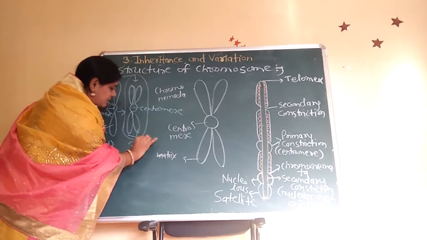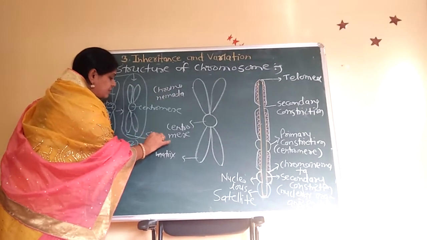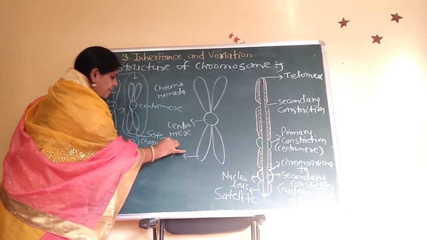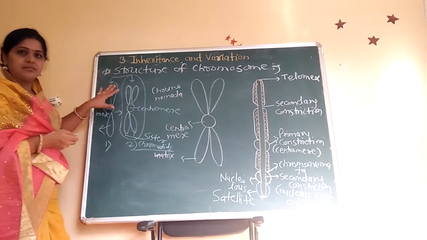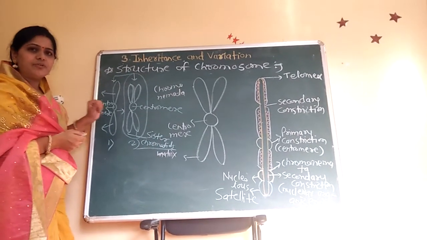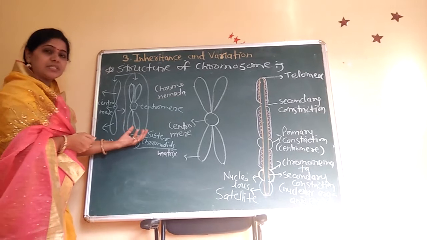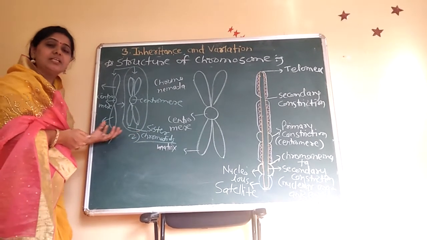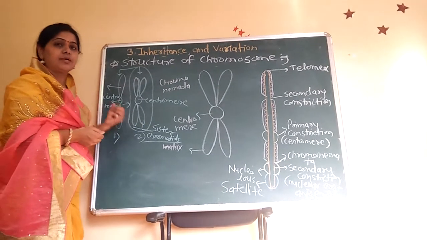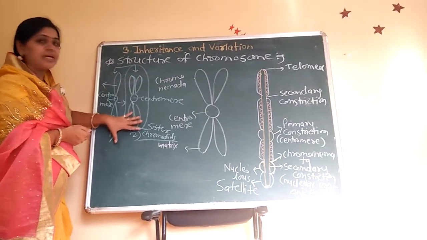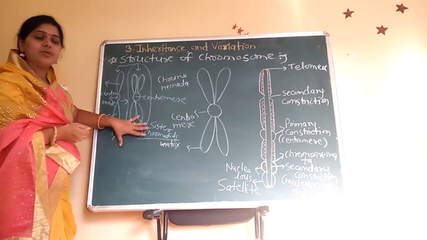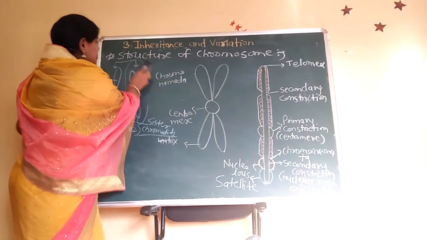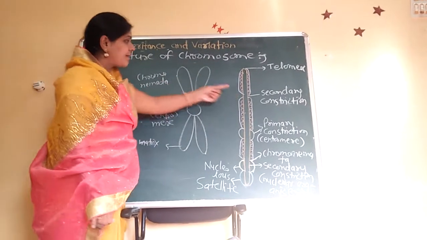These are called sister chromatids. There is no confusion: these two are the chromosomes, but this is the duplication of chromosomes, and it happens only in cell division.